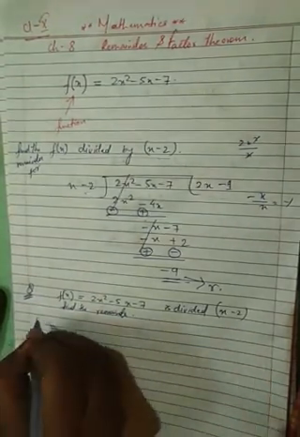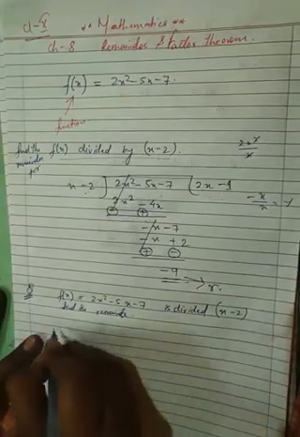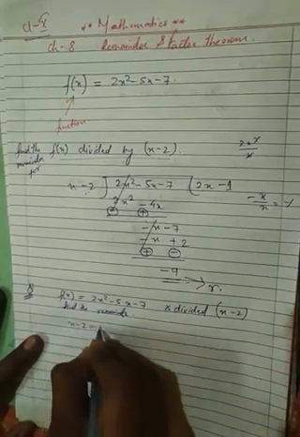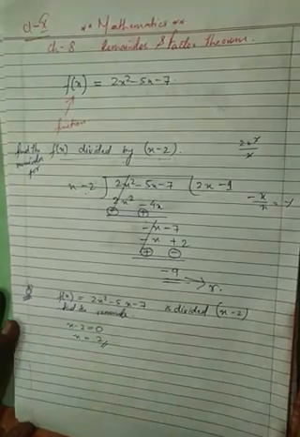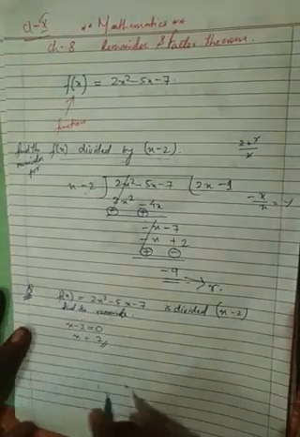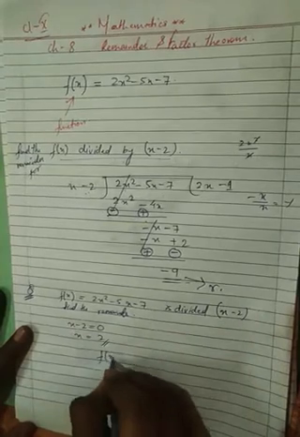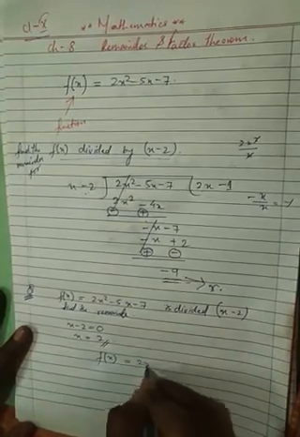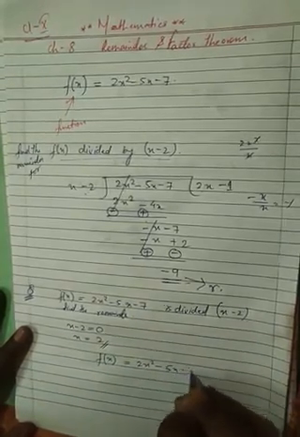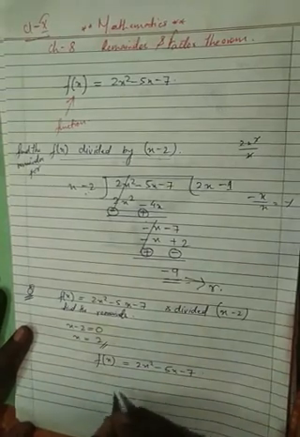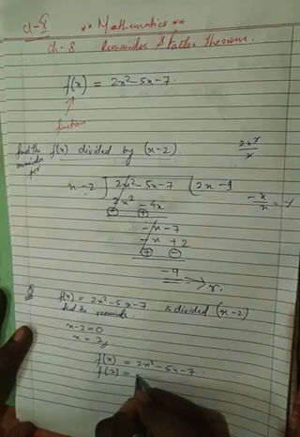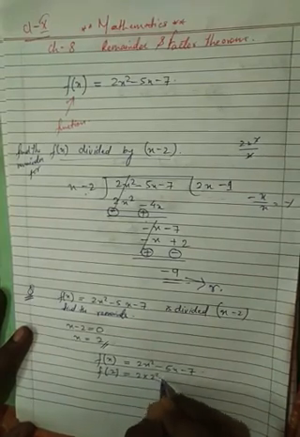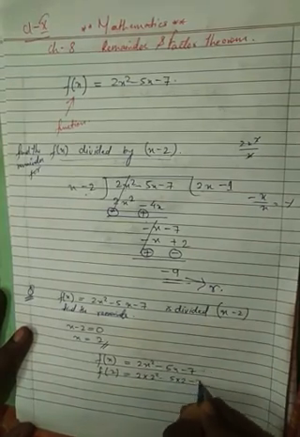Okay, so what we'll do is, step 1, we'll take x minus 2 equals 0. Equate it with 0. What is the value of x? X is 2. Now substitute this 2 in the equation. So f of 2 equals 2 into 2 square minus 5 into 2 minus 7.